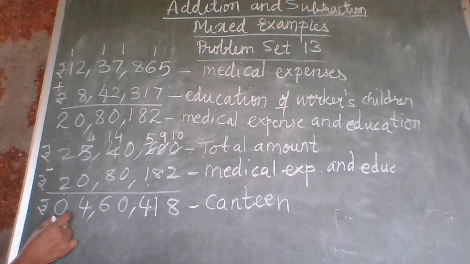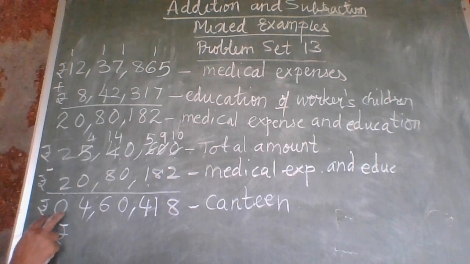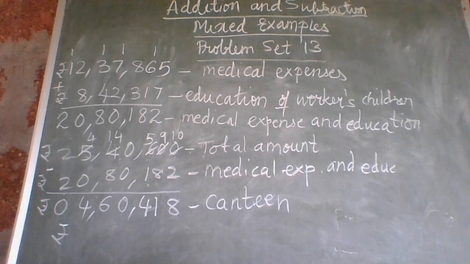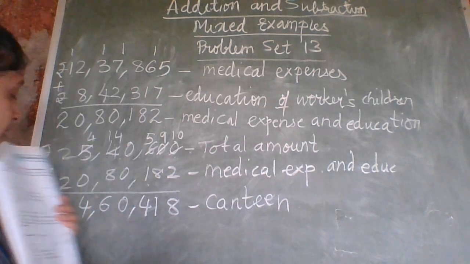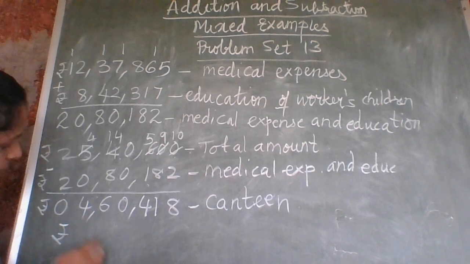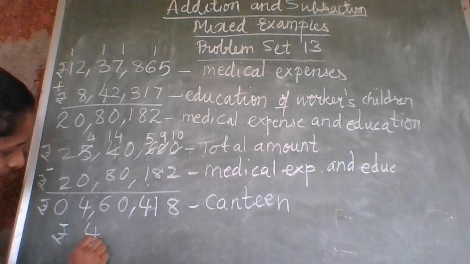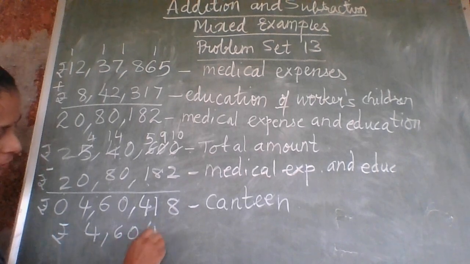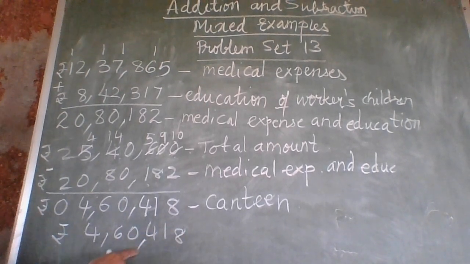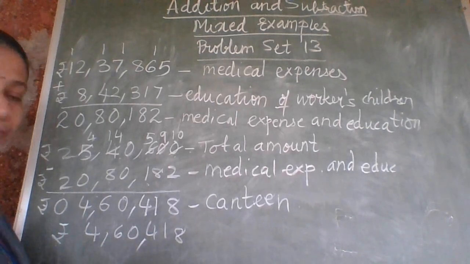See, 0 is there before. So 0 does not have any value when it is placed in front of the number. I have mentioned to you before also so many times. So now what is the total amount? 4 lakh. Okay, so 4 lakh rupees, 4 lakh 60,418. Okay, don't forget to put the commas because these commas help you in reading the number.